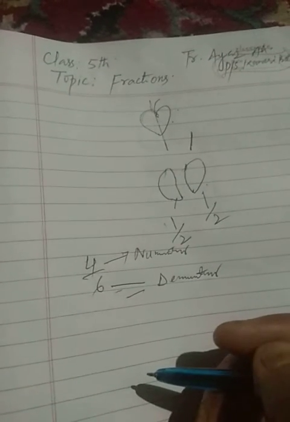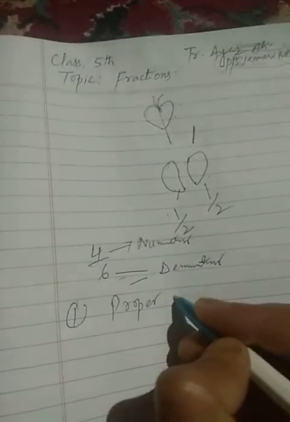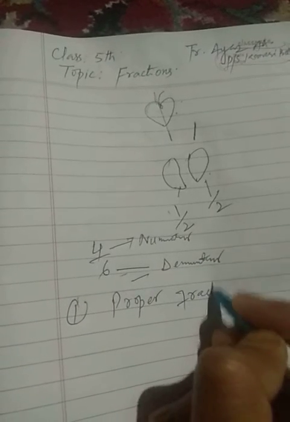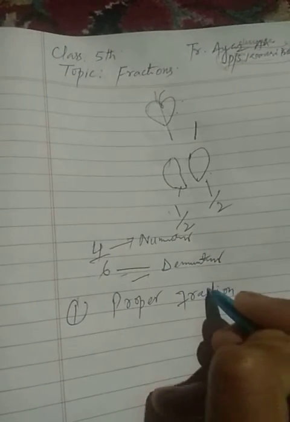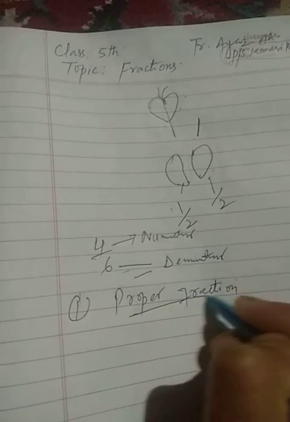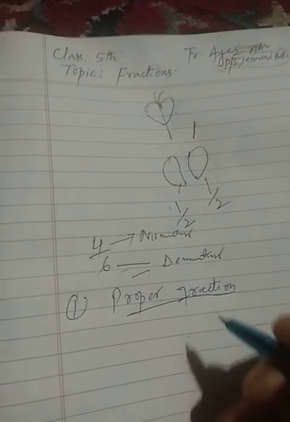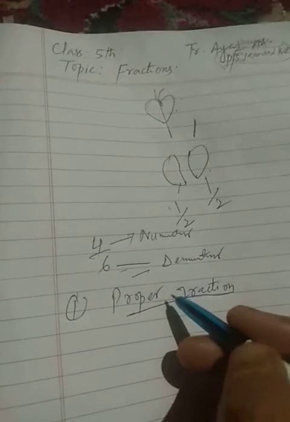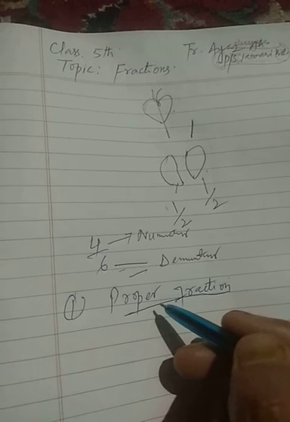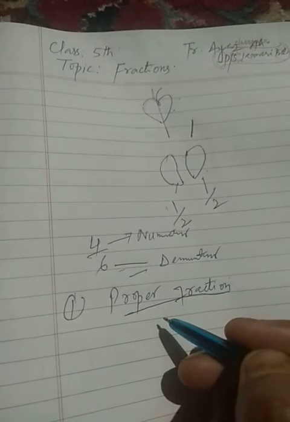So now let us know about different types of fractions. Now first we have proper fraction. What is a proper fraction? If the numerator is less than the denominator, it is called a proper fraction.